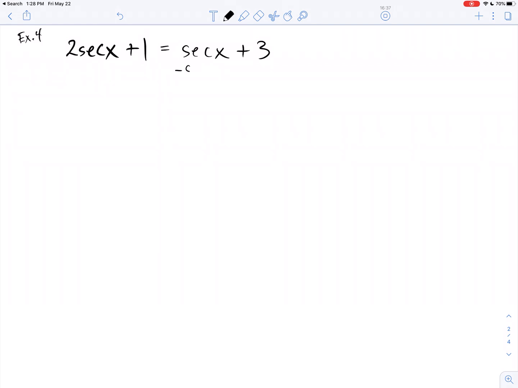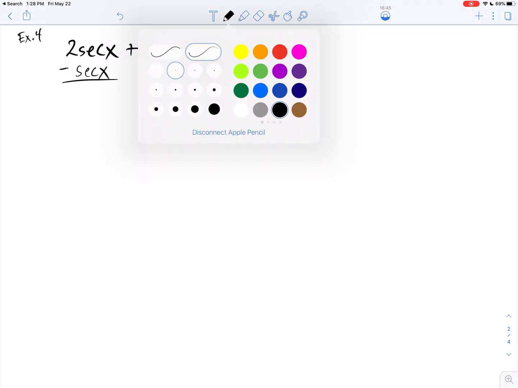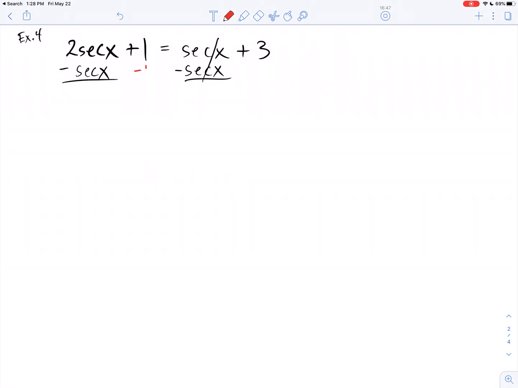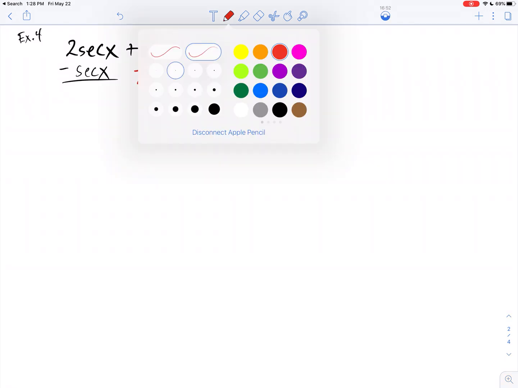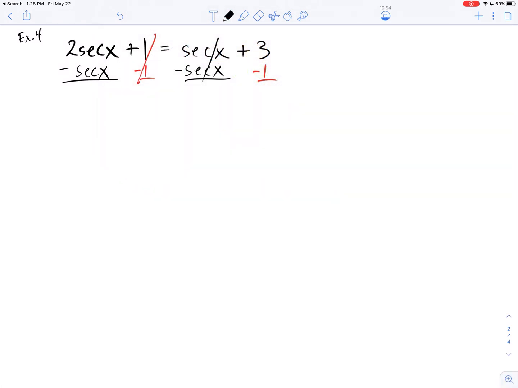Get the function on one side, get the number on the other side, come on, and then take a look at what you've got. Over here, 2 secant x take away 1 secant x is secant x. I already canceled this stuff out on this side. What's it equal on the other side?